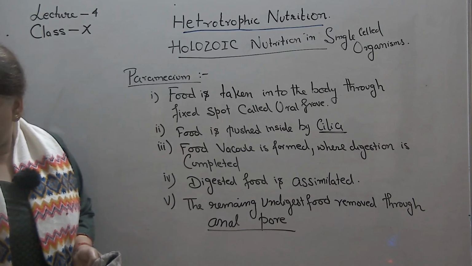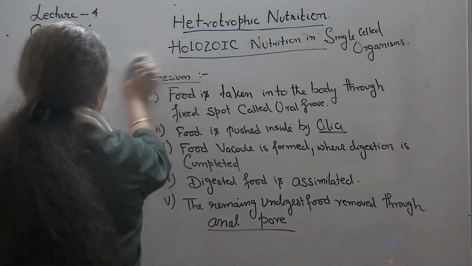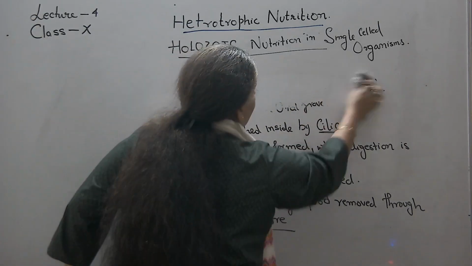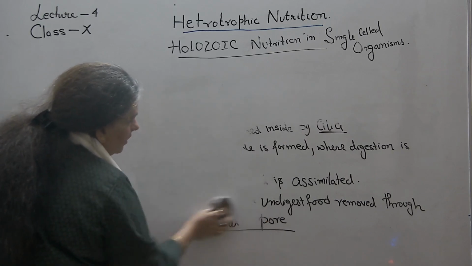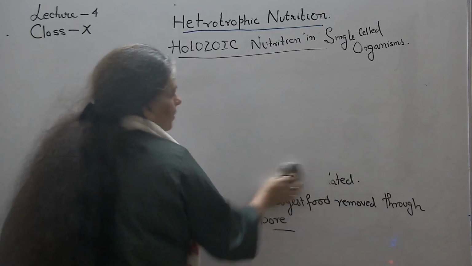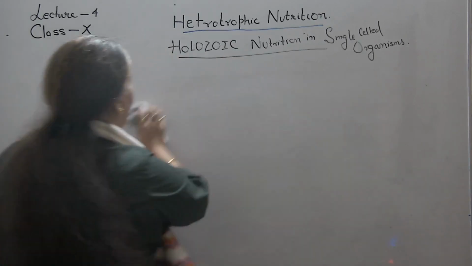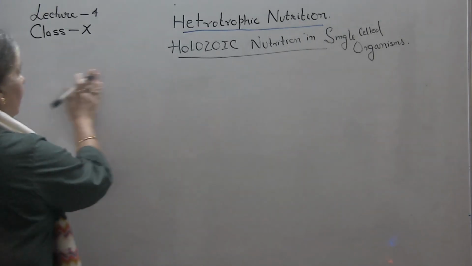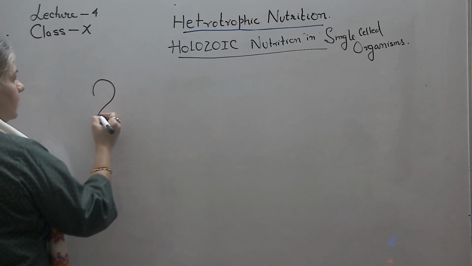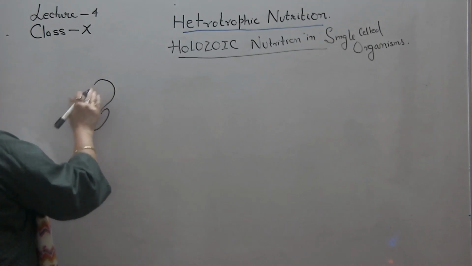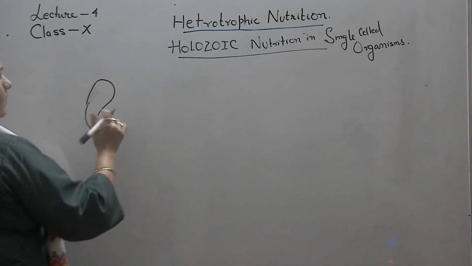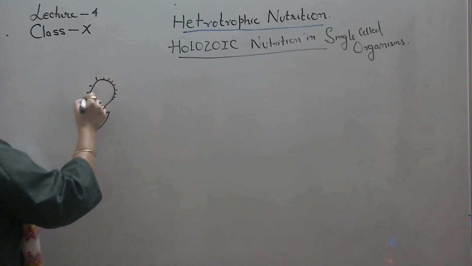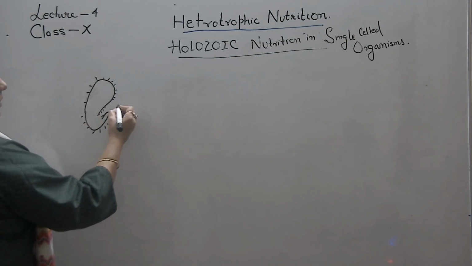I'll draw the diagram also so that it becomes clear to you. Basically, the diagram of amoeba is asked in your board exams, but this might be asked. So for the clarity of the topic, I'll draw the diagram of how digestion is taking place. These are cilia that are present throughout the body surface. Food particles come in.